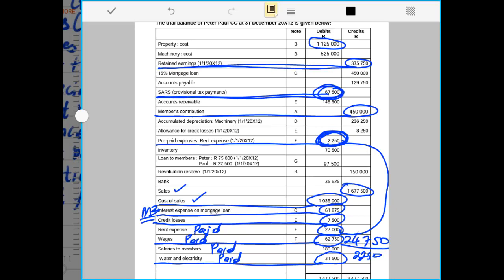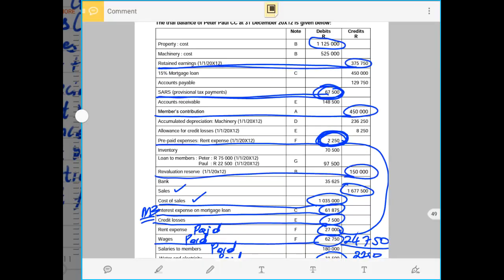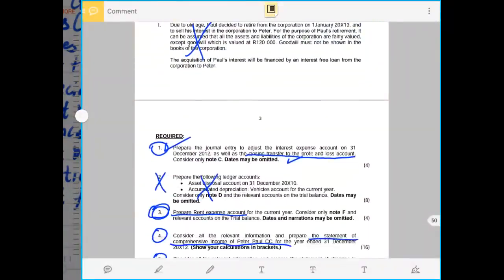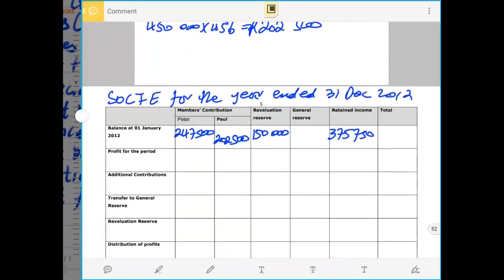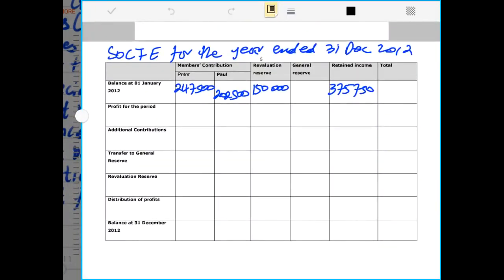Revaluation reserves, we had 150,000 rands, so that's why I took all those opening balances. So now we can have the total of our opening balances, and it is 975,750.